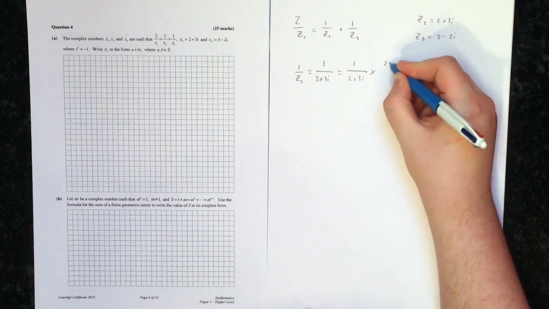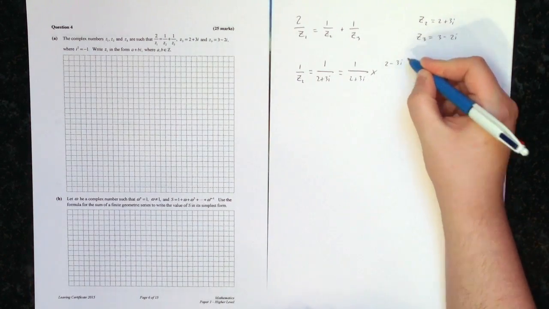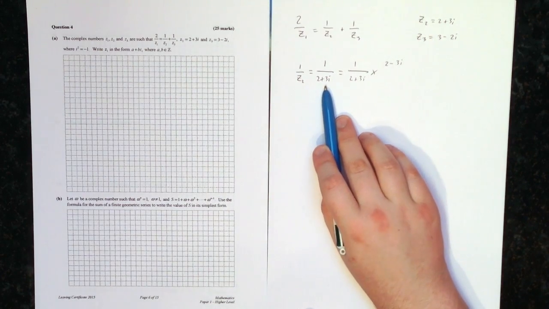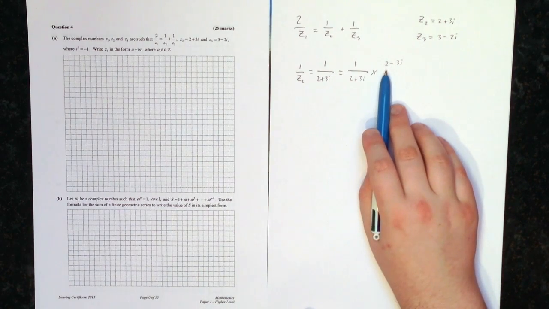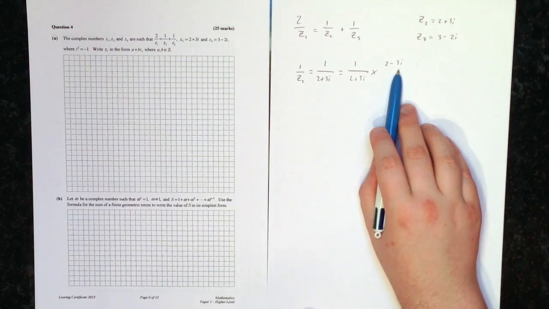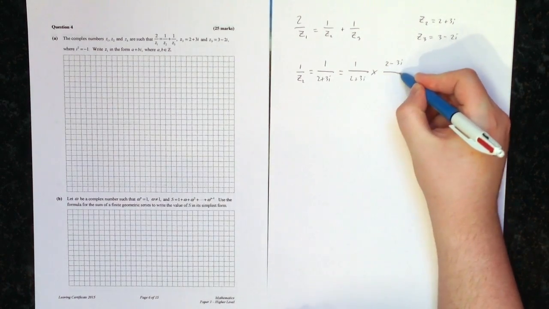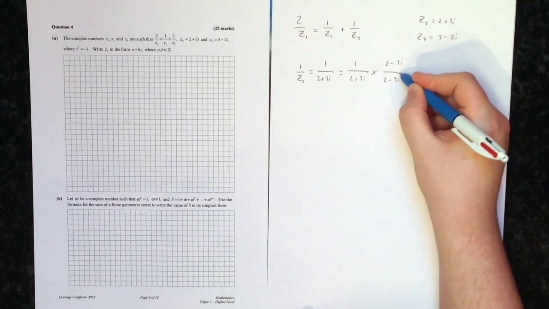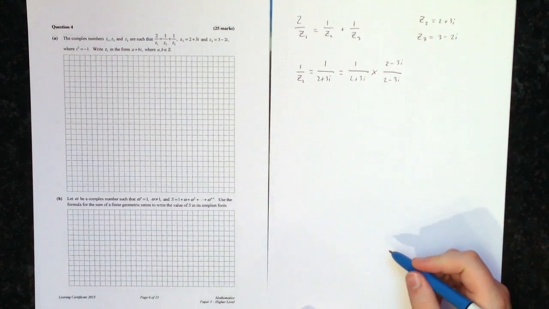The conjugate just means that we change the sign in front of the imaginary part. So if we have the complex number 2 plus 3i, its conjugate will be 2 minus 3i. So we multiply the top and bottom by 2 minus 3i.